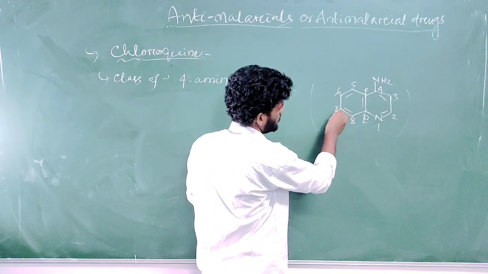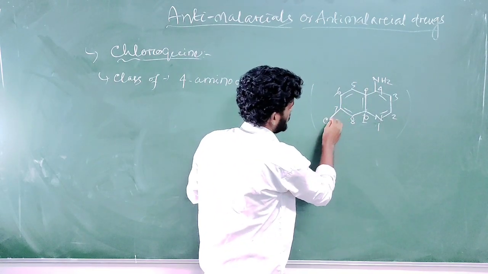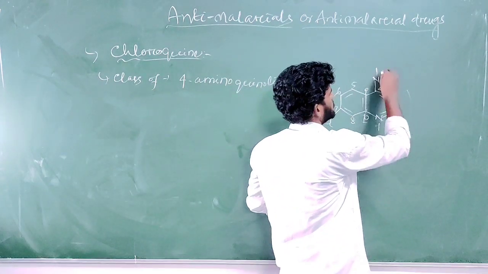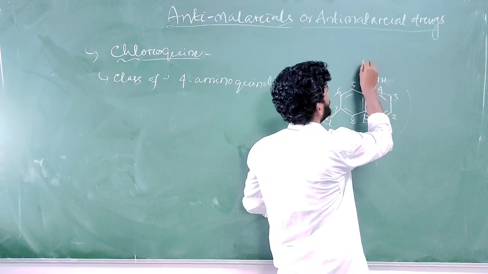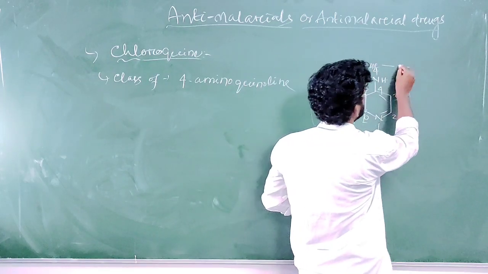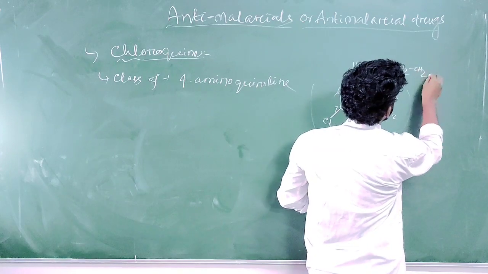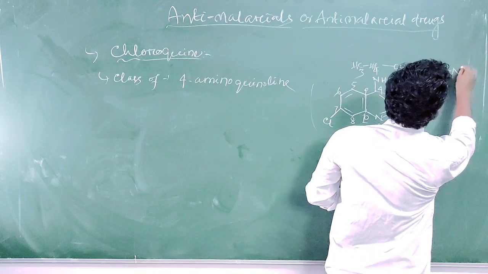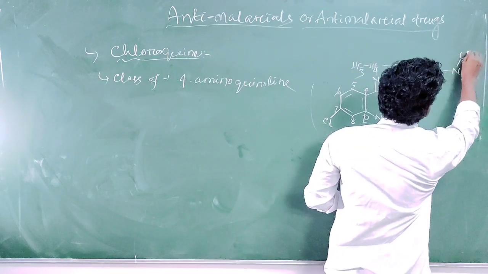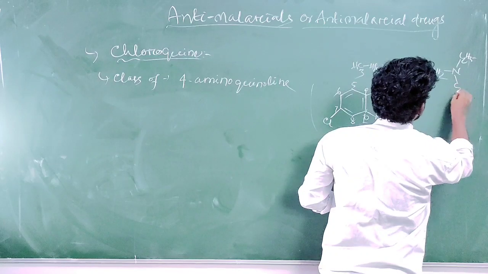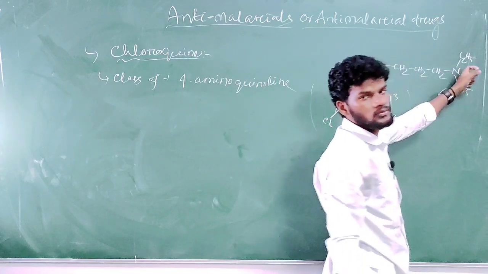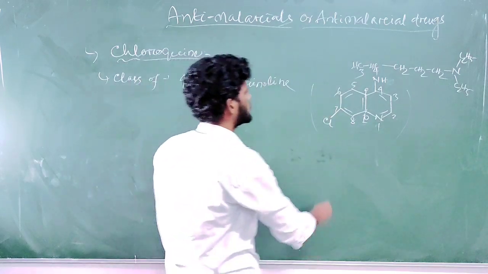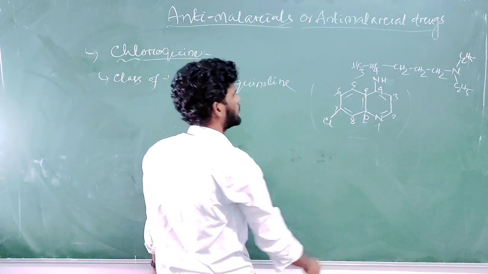In the 7th position there is one chlorine atom, and in the 4th position an NH group is attached to CH, then CH3, CH2, CH2, CH2, then nitrogen, then an ethyl group C2H5. Nitrogen is attached to two C2H5 groups. So this is the structure of chloroquine.